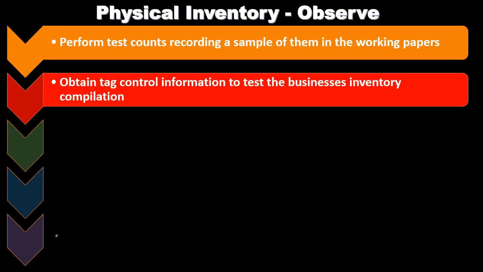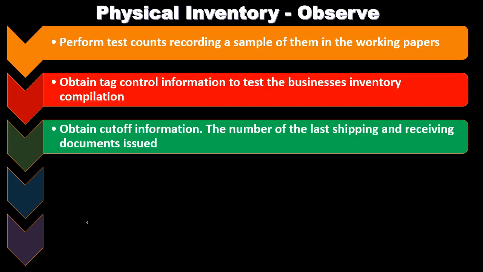Obtain tag control information to test the business inventory compilation. Obtain cutoff information, the number of the last shipping and receiving documents issued. This is going to be important because we want to have that cutoff information for cutoff testing, since that's one of the areas where errors, fraud or some kind of manipulation could take place through the manipulation of the cutoff date.